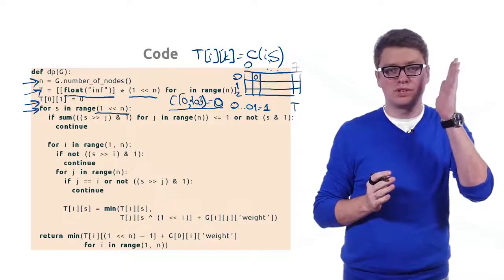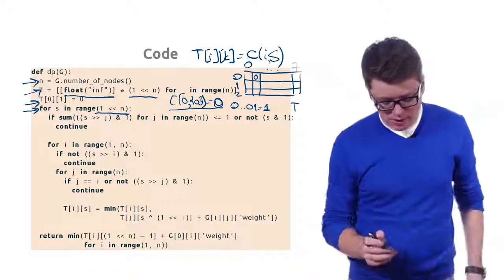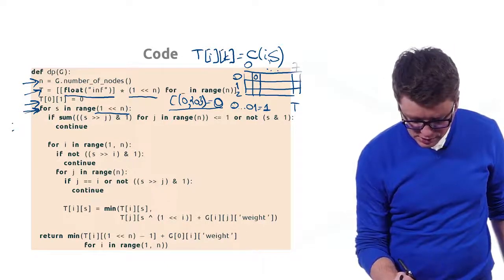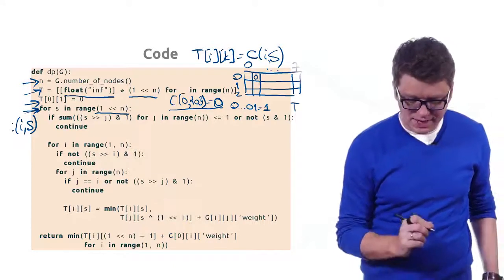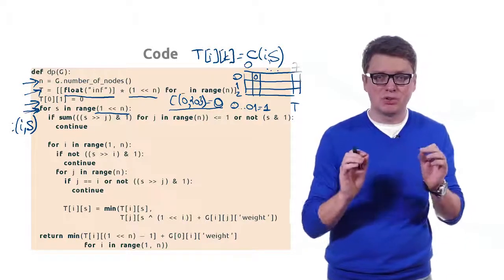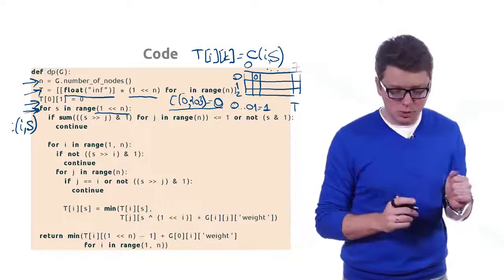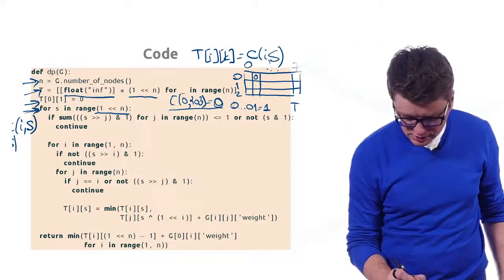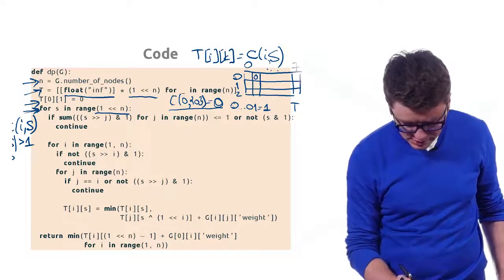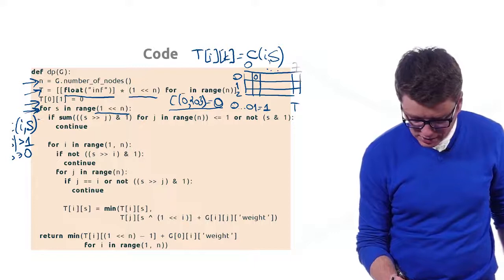At each iteration of this loop, we are going to compute C of I, S for a set S, which is specified by the small variable s in our code. First of all, we need to compute it only when the size of S is greater than 1, and only when S itself contains the element 0. This is exactly what we check in this line.